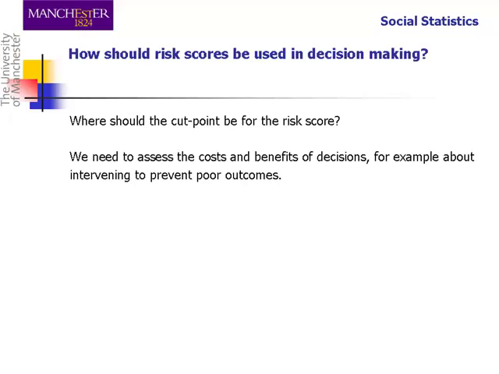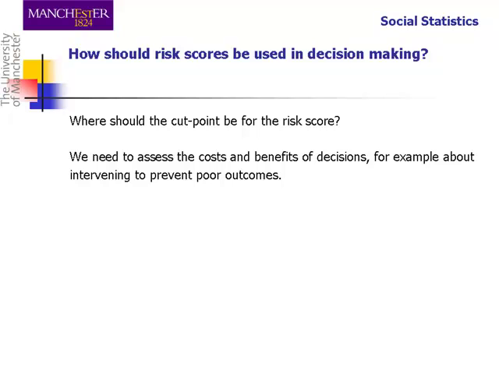And the other thing that we have to bear in mind when we're trying to use this idea of the risk score approach is, what are the costs and benefits of making mistakes? And how are we going to assess whether the threshold should be at this point or at that point?